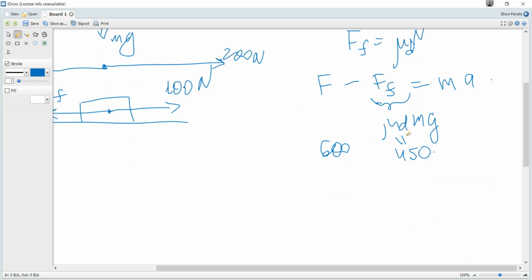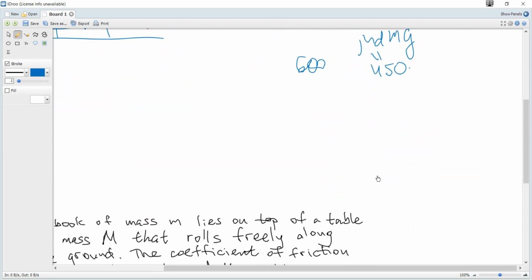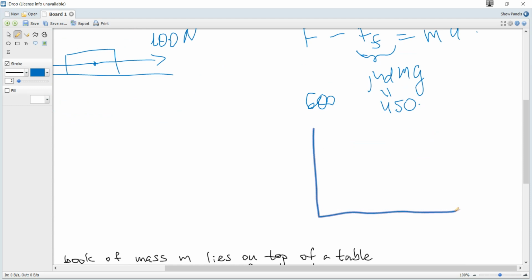And hence a graph of the frictional force against applied force looks like this, at 45 degrees. Why? Because they are equal.